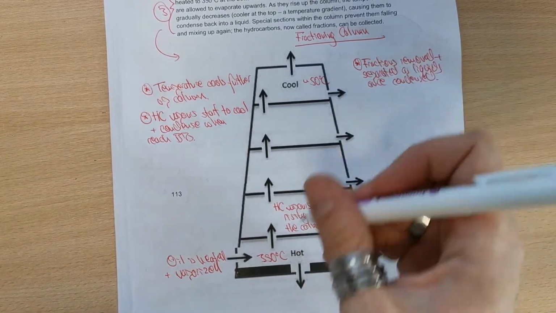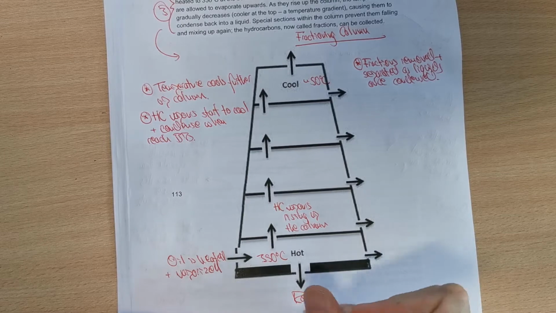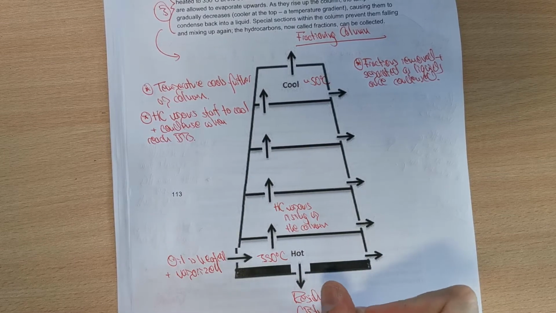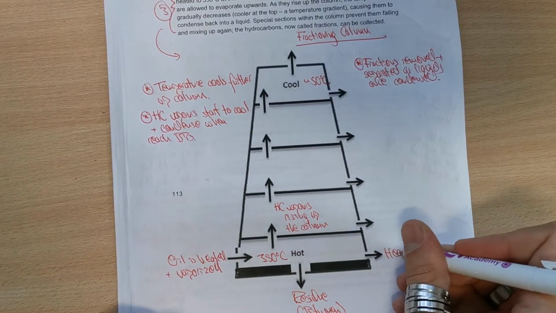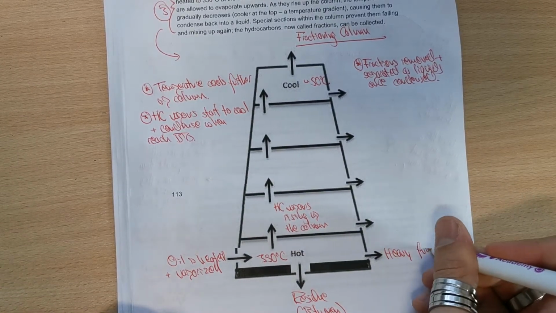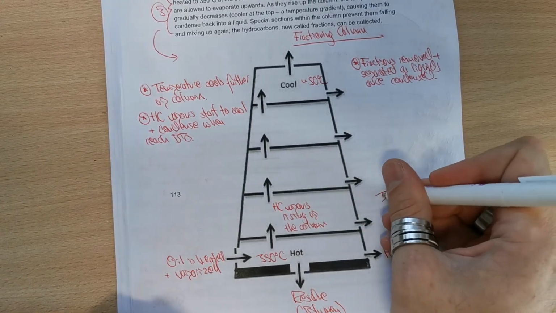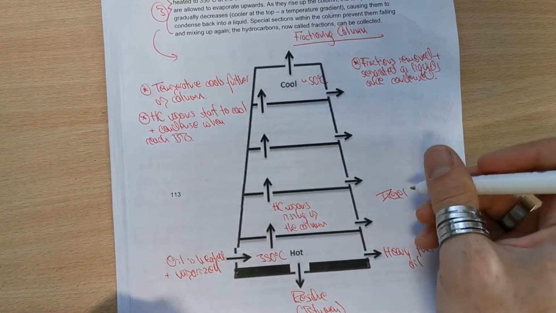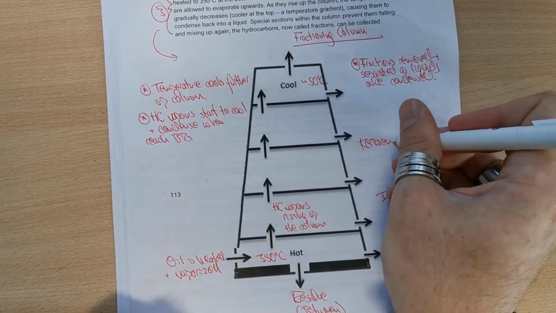So, the fractions that come out are called residue, or sometimes you might see it called bitumen. We have heavy fuel oil. Further up, we've now got diesel. Then we end up with kerosene.